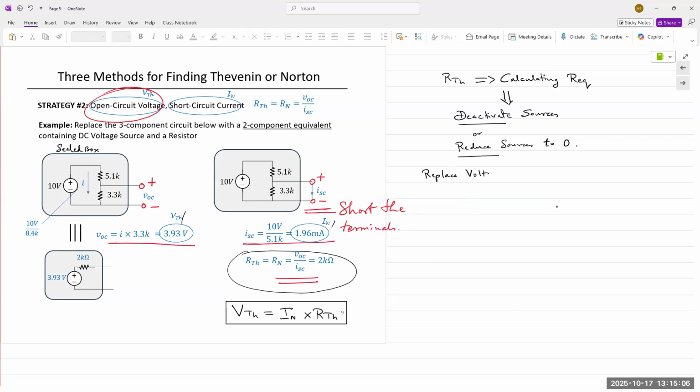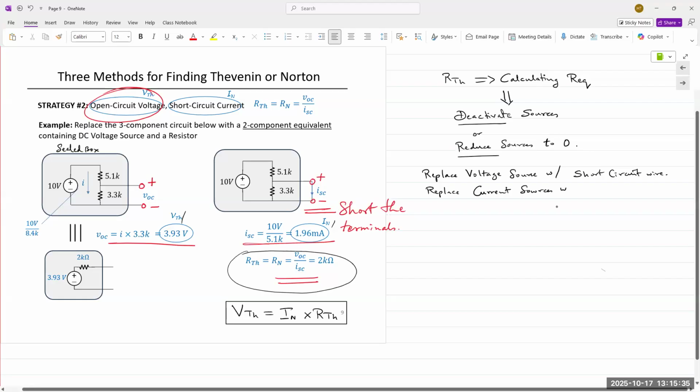Replace voltage source with a short circuit wire, and replace current source or current sources with an open circuit.